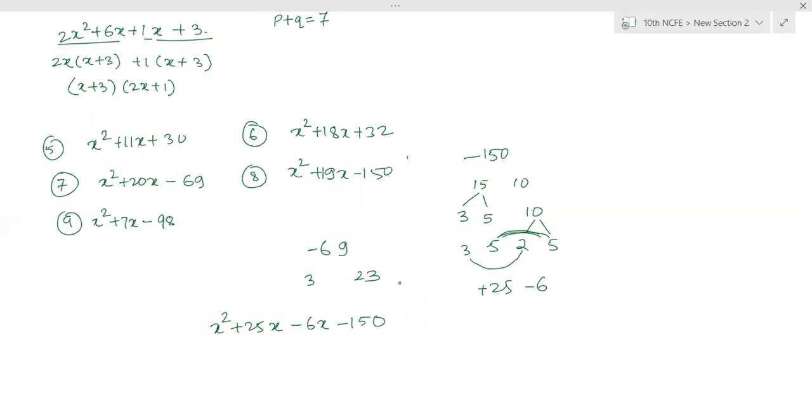Anyone who has RS Agarwal can do the 3C exercise. I will send you the 3C exercise, which is based on this middle term splitting. Is it clear? Okay, ma'am.